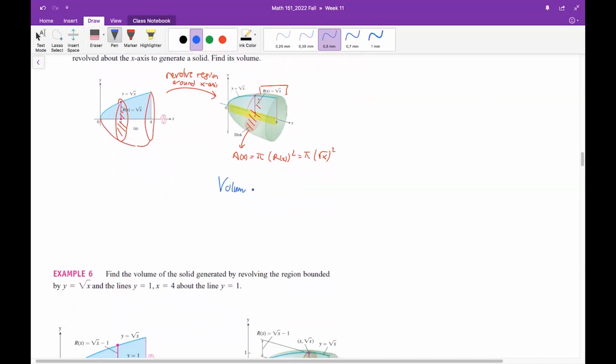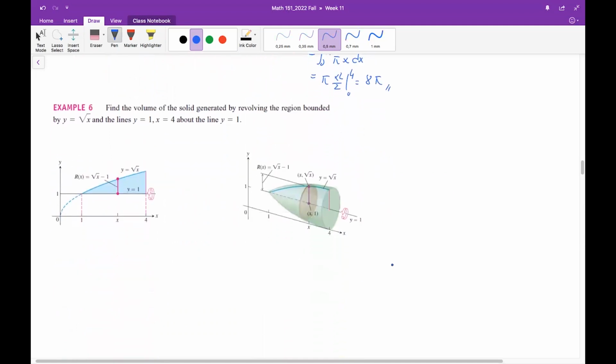Volume is given by this definite integral, where you integrate the areas of cross sections from 0 to 4. So it is the integral from 0 to 4 of pi x dx, and now integrate: it is pi x squared over 2 from 0 to 4. If you insert the upper and lower boundaries and take the difference, you will find 8 pi as the volume.